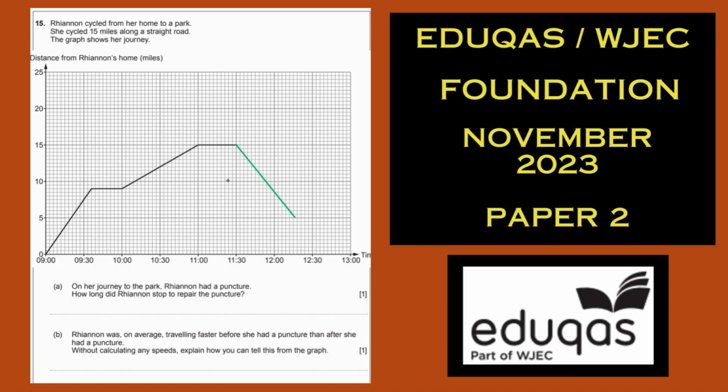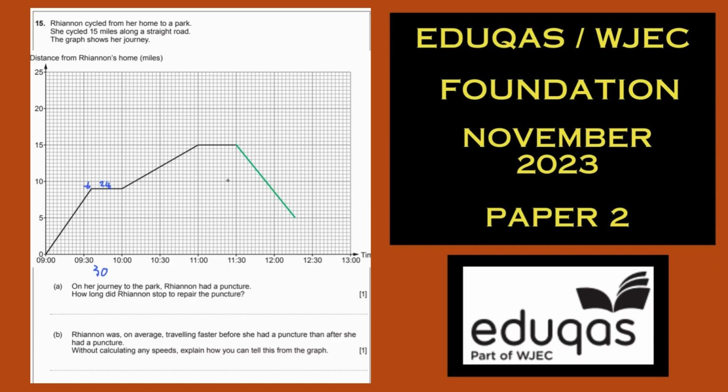Be careful in terms of how many squares means how much, because it's very easy to get caught out here. You've got 10 little baby squares spanning 30 minutes. So each little baby square accounts for 3 minutes. That means there's 6 there, and that line is actually 24 minutes.